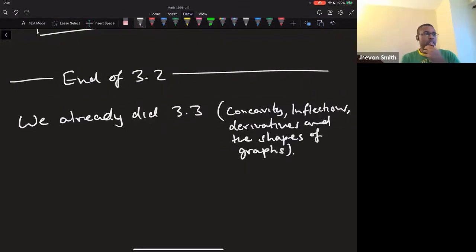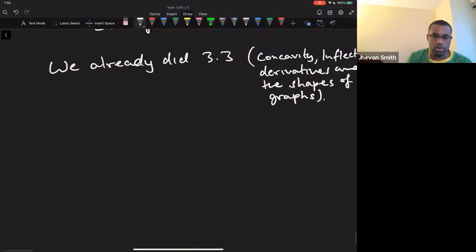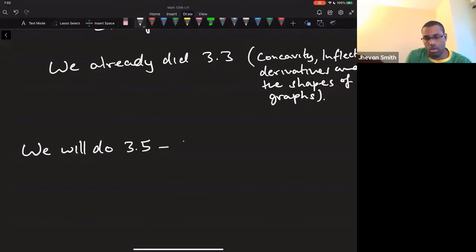I want to jump into 3.7, but I think I need to do some preliminary 3.5, but I need to do some preliminaries from 3.4. 3.5 is curve sketching.